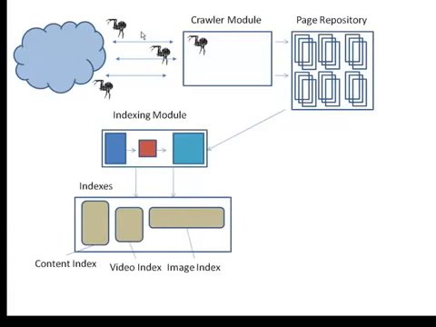Next, these indexing modules output their data into a different set of indexes, and these indexes can be of different types. For example, you might have a content index, a video index, or an image index.